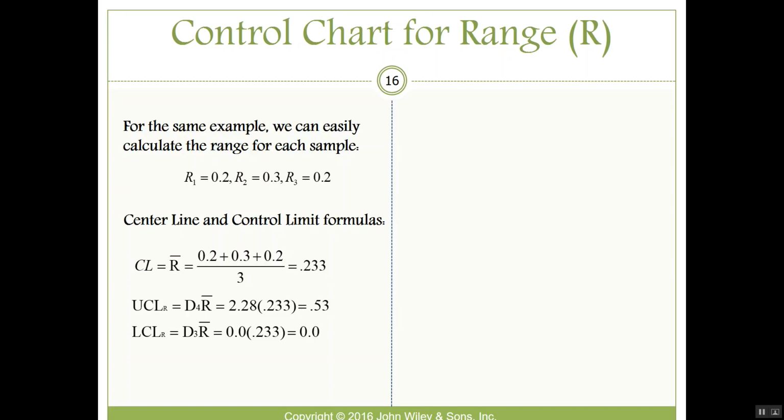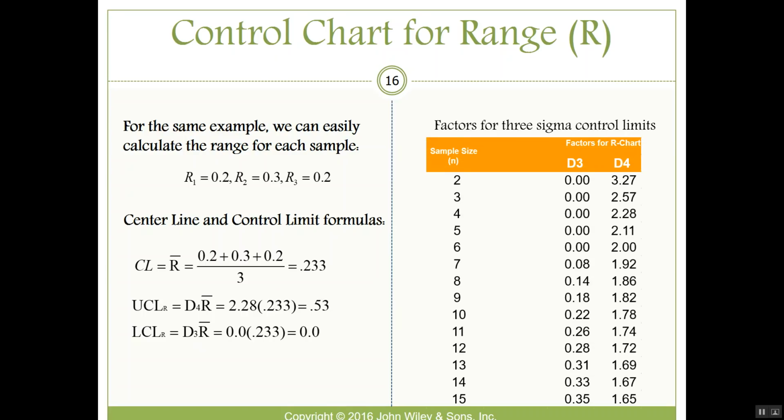Then for the UCL and LCL, it's actually very easy. We just need to use this formula, D4 times R bar and D3 times R bar. So what is R bar? We just calculated that. D3 and D4, we need to look up the values of D3 and D4 from this table, which is a statistical table similar to the tables that you had for normal distribution and t-distribution in your stats class.